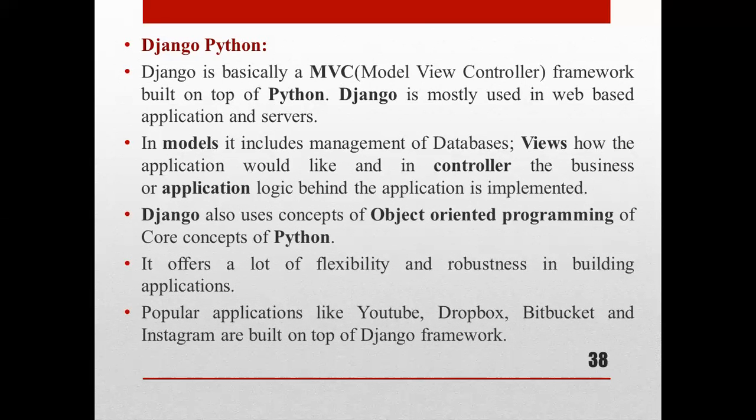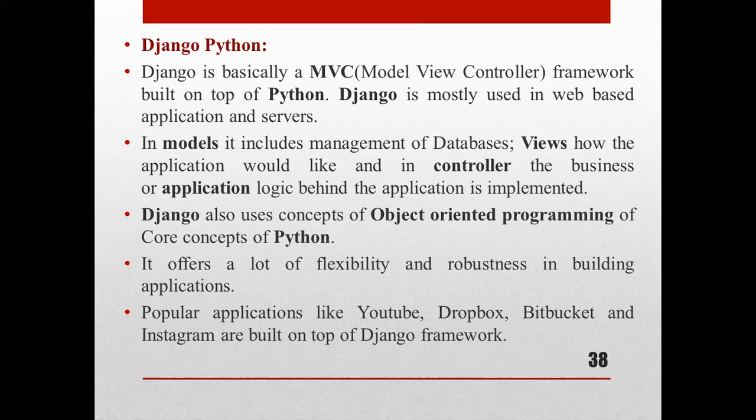And in MVT, the model means management of database, the view consists of the business logic, and templates interact with the user interface. That means the model is the access layer, views consist of the business logic, that is the business layer, and the template consists of the presentation layer. It will interact with the user, and the response is sent back to the user as a template.